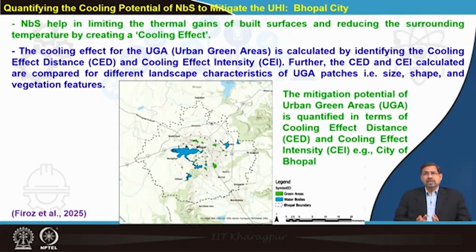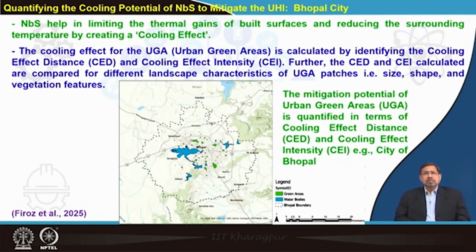If we calculate the CED and CEI, then the cooling effect of that urban green area can be determined. Further, the calculated CED and CEI are compared for different landscape characteristics of the various urban green areas, in terms of shapes, size, patches and vegetation features, so they are used for comparison of the cooling effect.